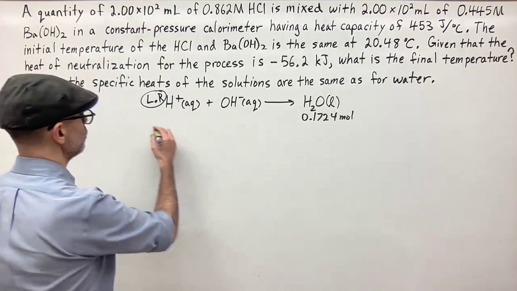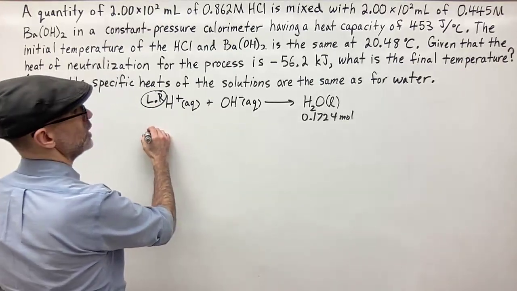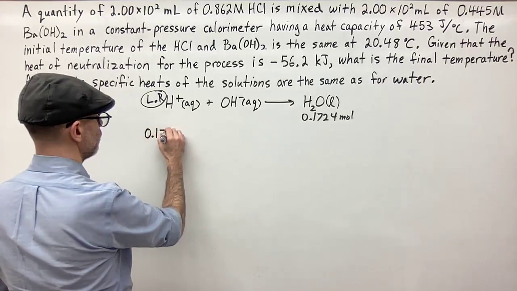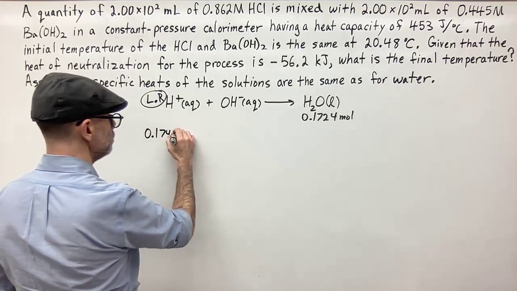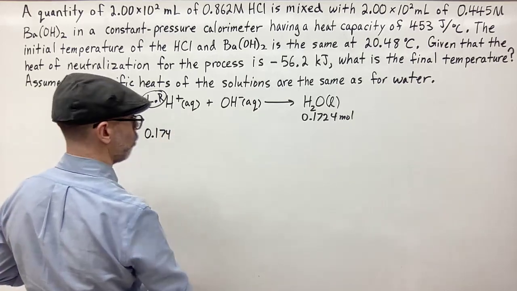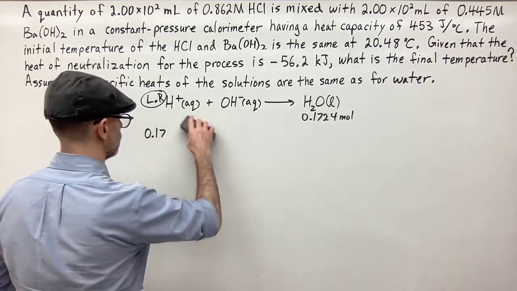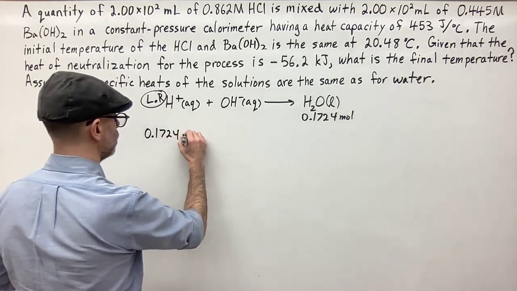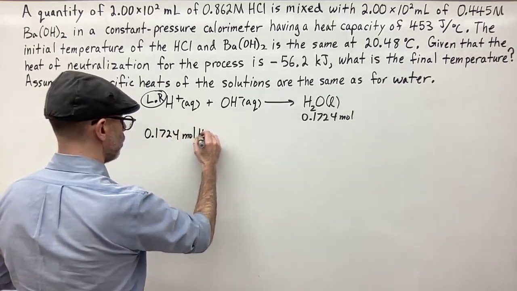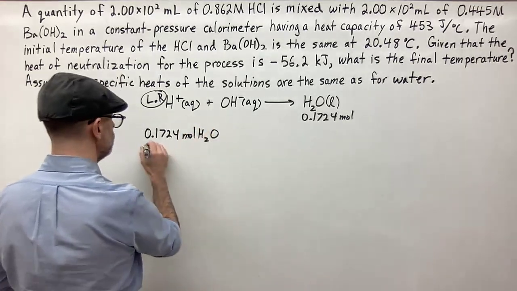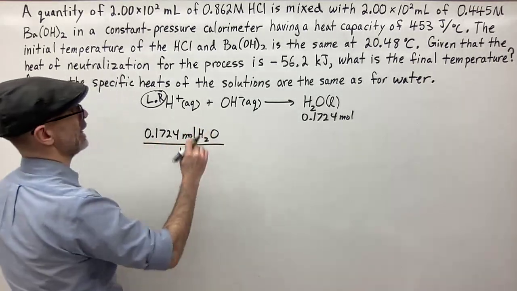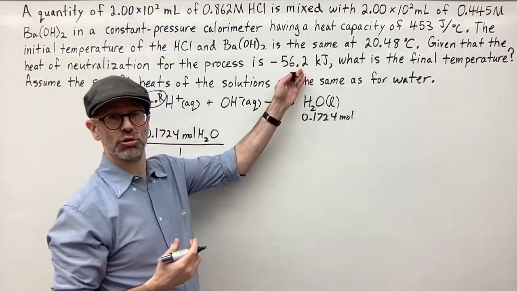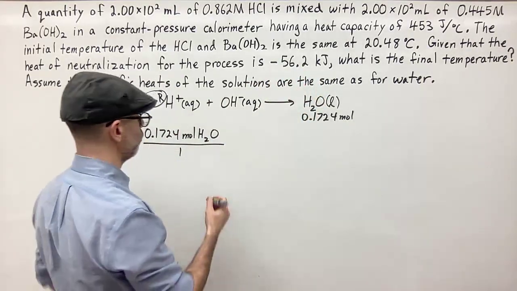So to do that, we just take the 0.174724 moles of H2O, and this is going to be the amount of kilojoules per mole of water.